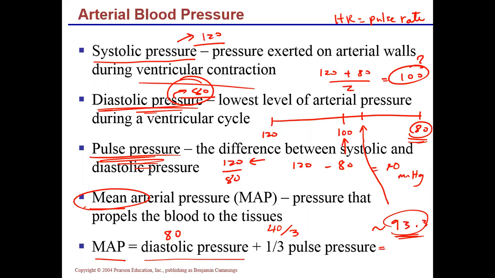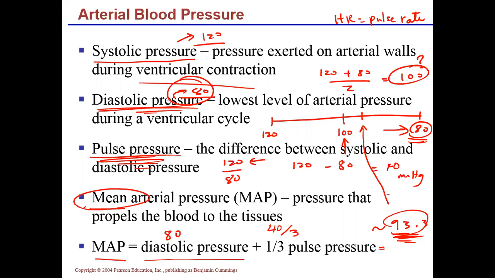The contraction of the ventricle takes a quicker time. You spend more time filling up with blood than pumping it. So that's why this number is closer to the diastolic pressure. That's the reason why, and that makes more sense to us.